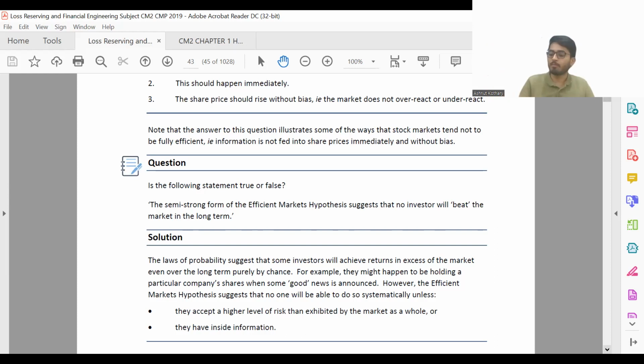So यहाँ पे beat the market in long term, and that is also not very clearly defined. What do I mean by beating the market? If it is just, let's say, getting a higher return than the market, that is possible. Higher risk adjusted return on a systematic basis, that is not possible in a semi strong form or even in a strong form. Or they have inside information.